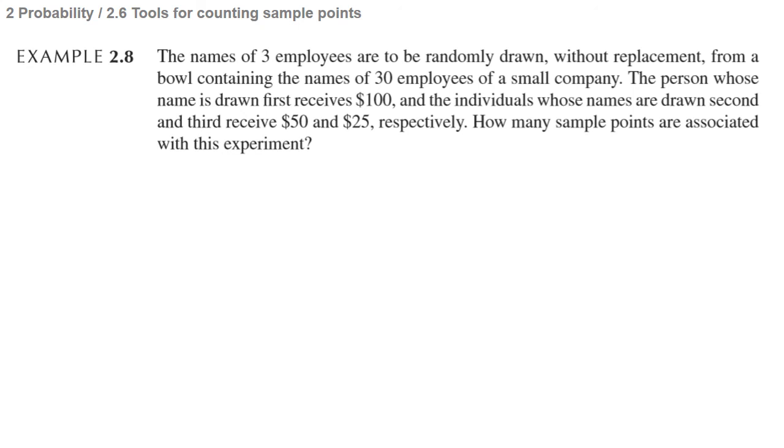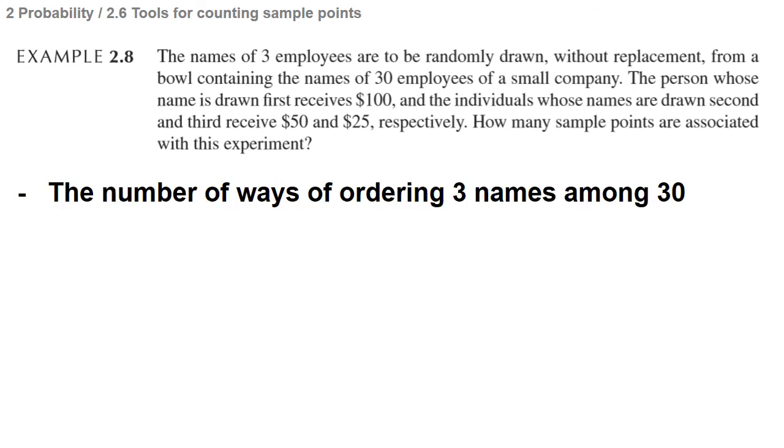So we are considering ordering of the event, and a simple event here would be listing 3 names like Tom, Jane, and Andy.